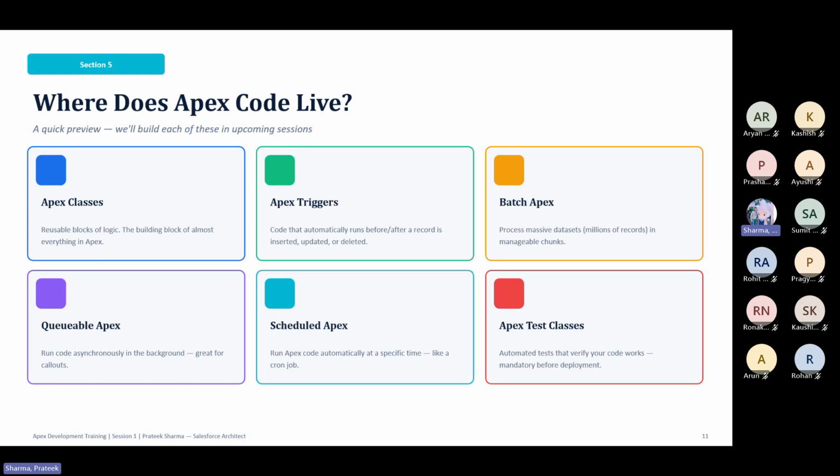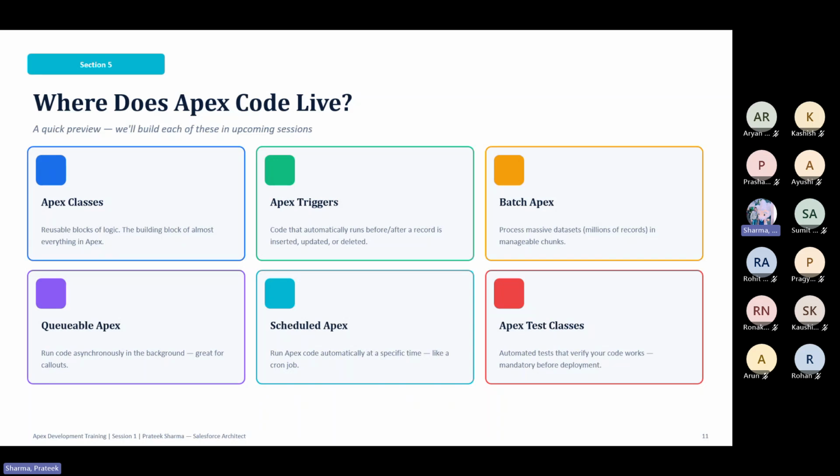Then we have Apex triggers. It is a higher version of flows. Apex triggers will only run on DML operations. If you have insert, update, delete, you can write Apex code that will run on these operations, right? You can see here, code that automatically runs before or after a record is inserted, updated, or deleted in the Salesforce database.